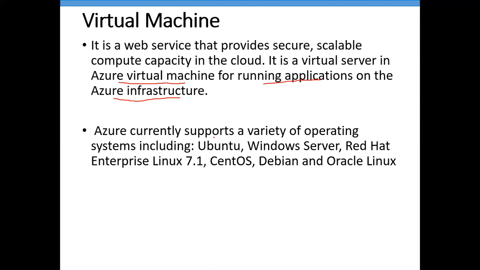Azure supports operating systems like Ubuntu, Windows, Red Hat, CentOS, Debian, and Oracle. We don't need to upload these operating systems; we just select the option, and by default they will install that operating system in our virtual machine. We also don't need to worry about the licensing part, which is completely taken care of by the cloud platform.